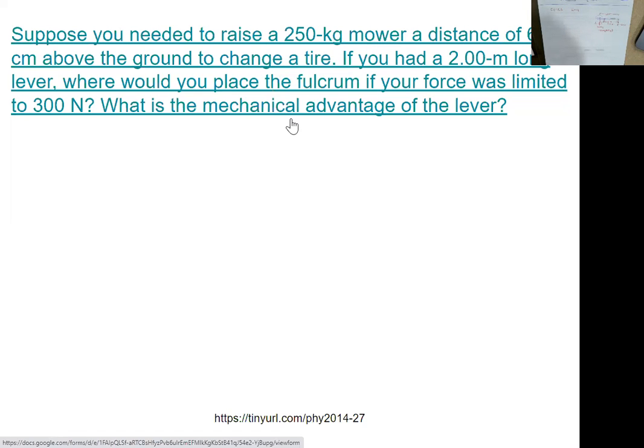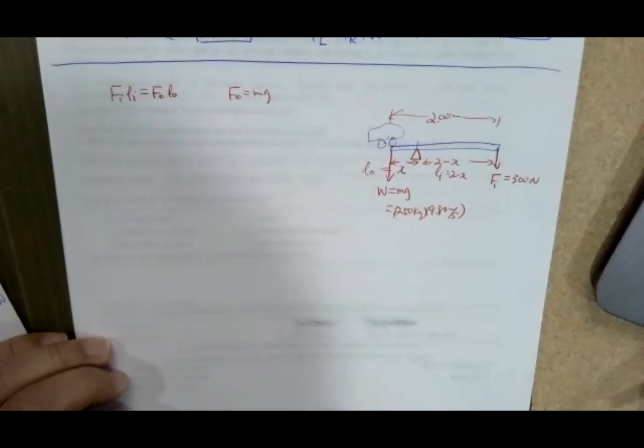What you really need is just the mg, the mass, the input force, and the whole distance. Let me stop sharing, so we'll have a larger view on the screen.